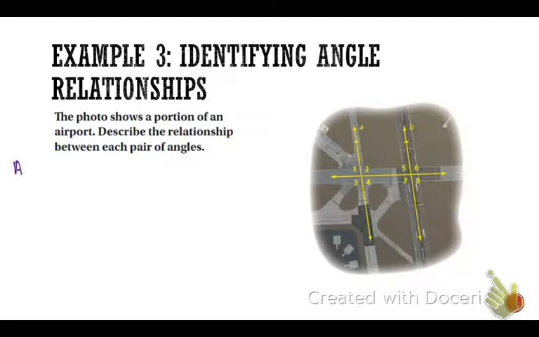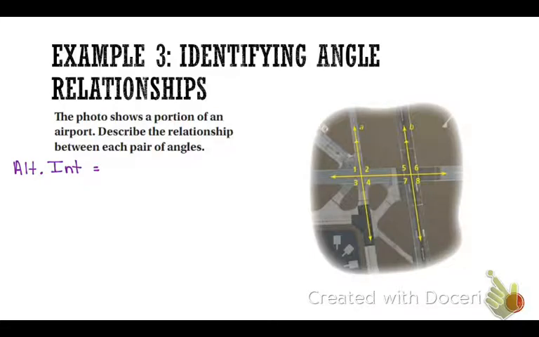Let's start with alternate interior. Okay, we'll abbreviate. I need one pair of alternate interior angles. So I look at the parallel lines. Alternate interior will be inside the parallel lines and on opposite sides of the transversal.